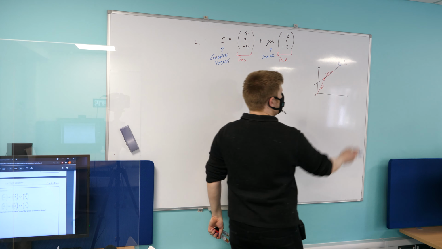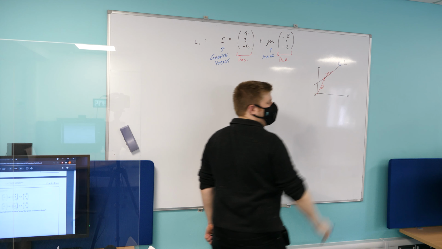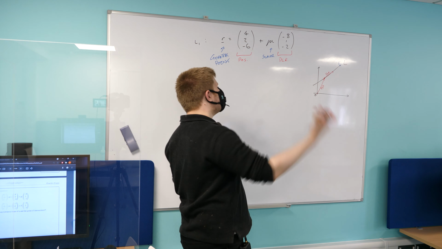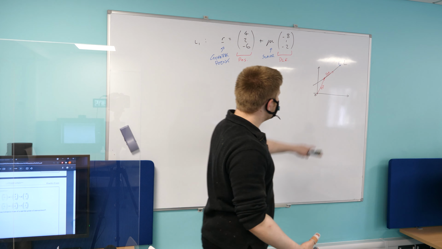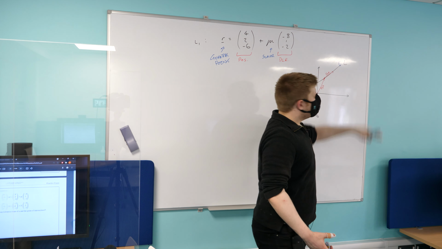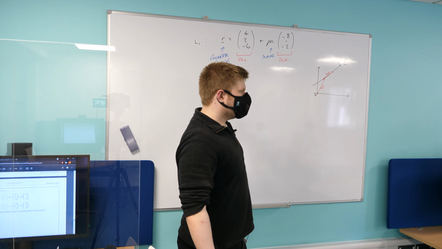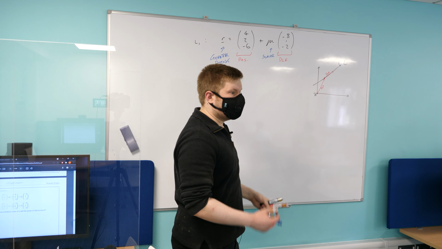But if I want to actually physically get to R, I might have to move, say, twice my direction vector, or 3 times my direction vector, or negative a half times my direction vector. Just some scalar multiple of my direction vector ensures me that I can get to any point which is on this line. That makes sense? Okay, so that's the reason why I've got that scalar in there, basically.